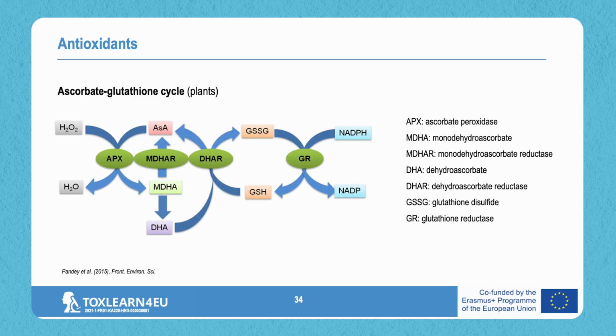And then often there is an interplay between the metabolites and the enzymes, and a good example is here in plants, where ascorbate and glutathione as metabolites work together with different enzymes to detoxify hydrogen peroxide to water with the use of enzymes and metabolites in redox cycling.